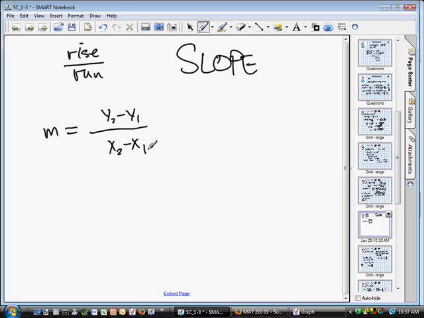So between those 2 points, what's the change in y? 2. What's the change in x? 1. 2 over 1. Slope is 2. It's still an estimate because, what if our eyeball's a little off? So rise over run can be eyeballed. Then you got an easy one like number 3, because it's horizontal. That one you know right away has to be a slope of 0.